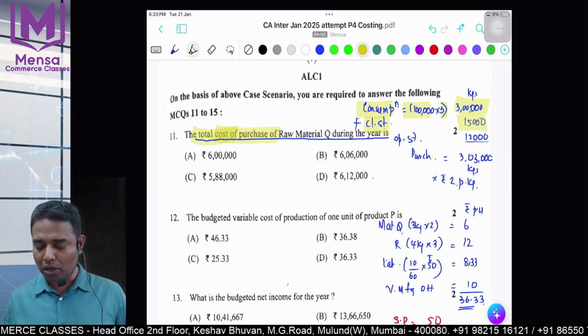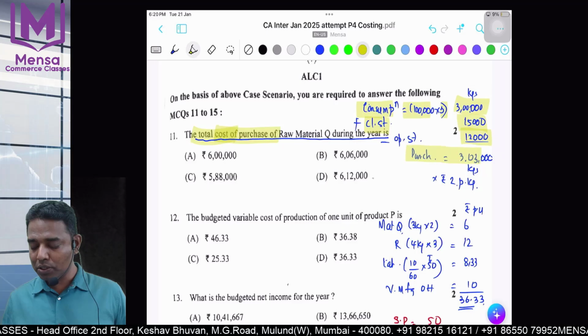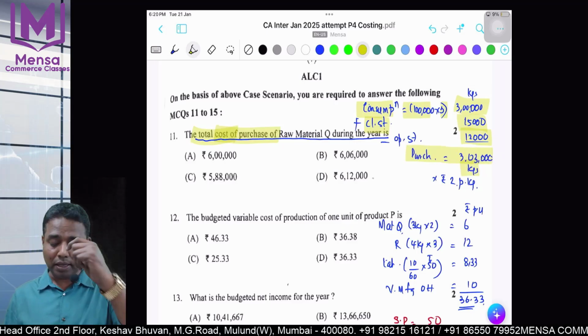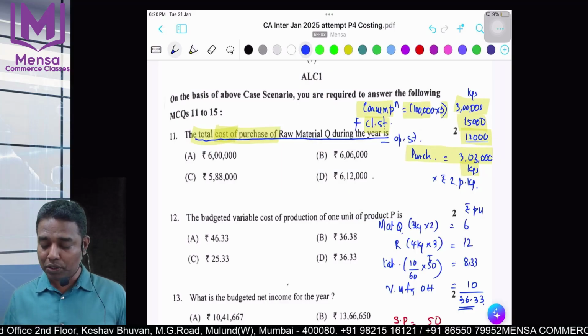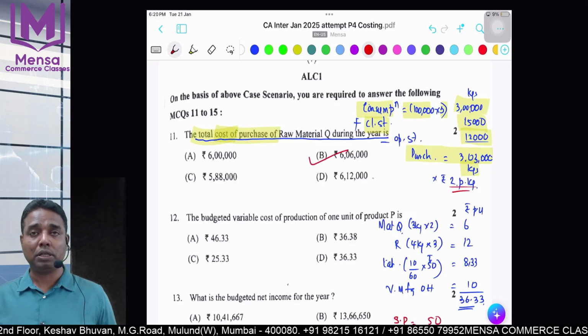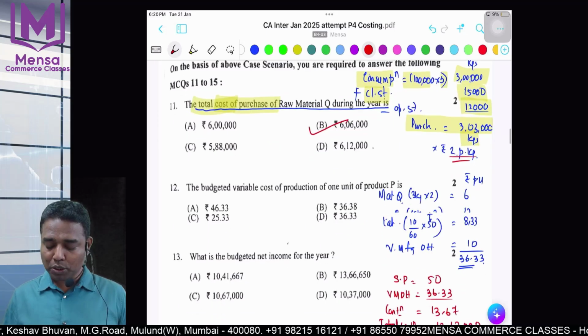Subtract the opening stock, 12,000. So you will get the purchase quantity: 3,03,000 is the quantity purchased. And the rate is rupees 2 per kg, so that will come to 6,06,000 rupees as the purchase cost. Let's move on to the next one.